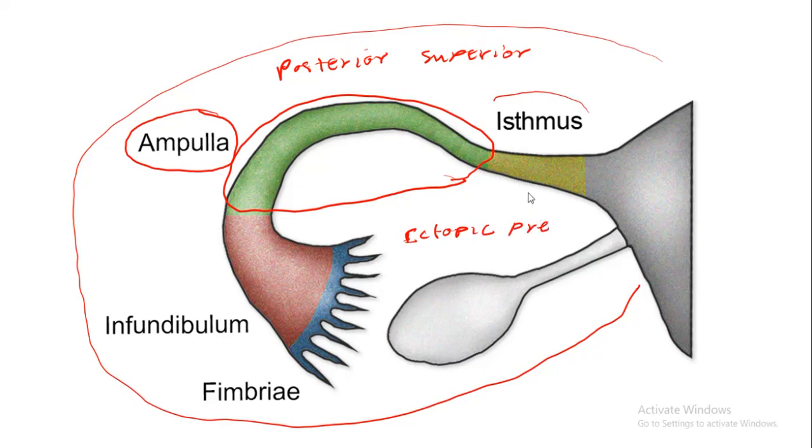But we are not interested in this, but in the normal pregnancy, which takes place in the ampulla, and the specific location is the posterior superior side of the uterus.